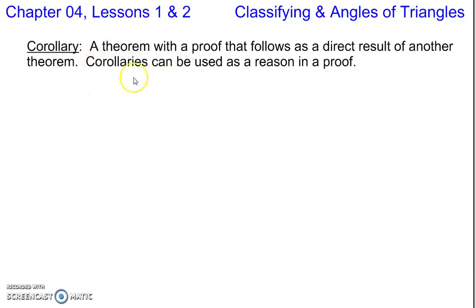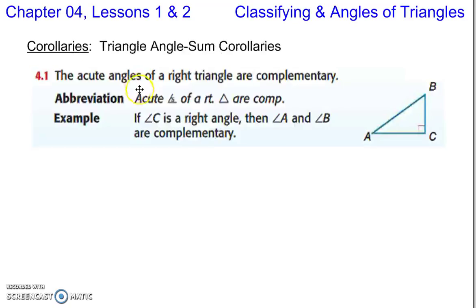A corollary is a theorem with a proof that follows as a direct result of another theorem. Corollaries can be used as a reason in a proof. That means if something has been proved and it automatically proves something else, that's a corollary. So, for example, a corollary of the triangle sum theorem.